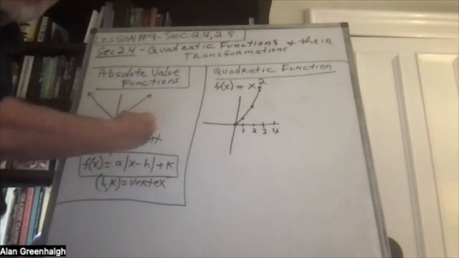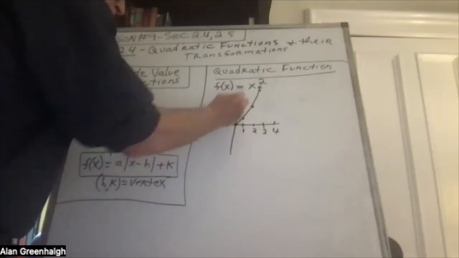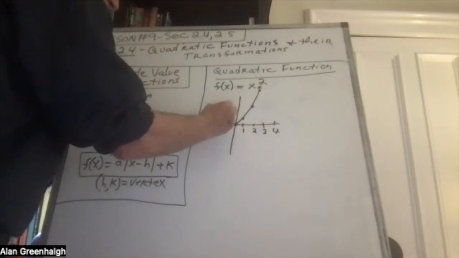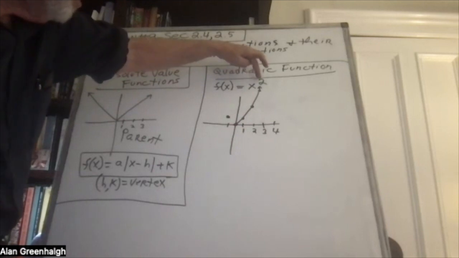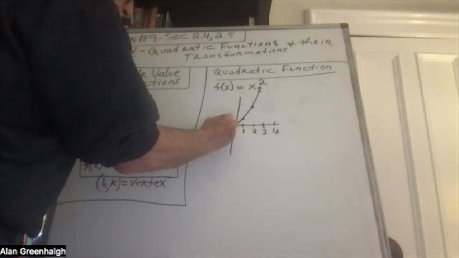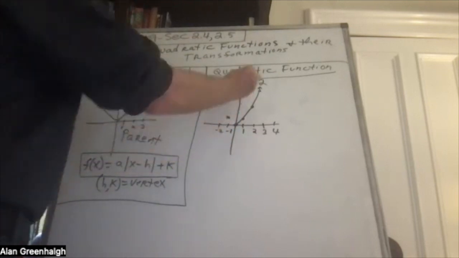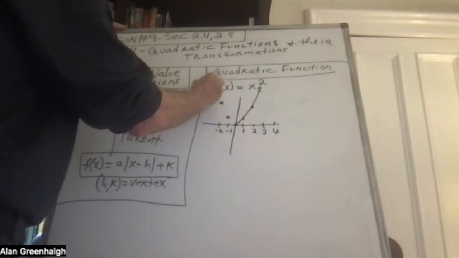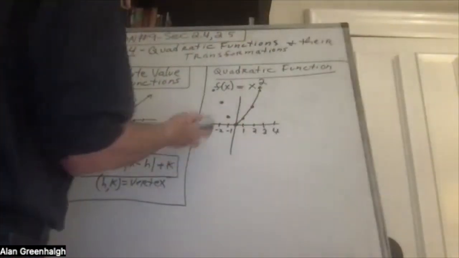And then going in the negative direction, when x is -1, it's still going to be +1, because we're squaring it. -1 squared is 1. -2 squared is +4. -3 squared is +9, and -4 squared is positive 16.